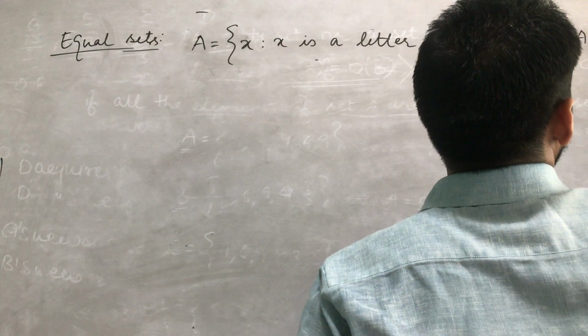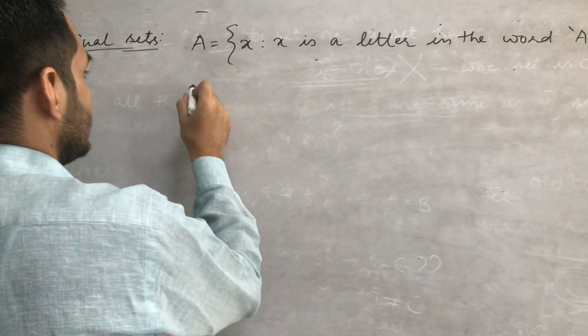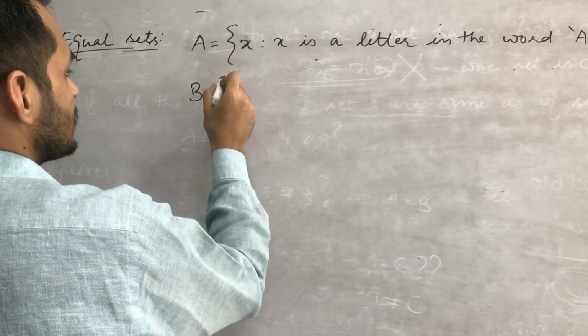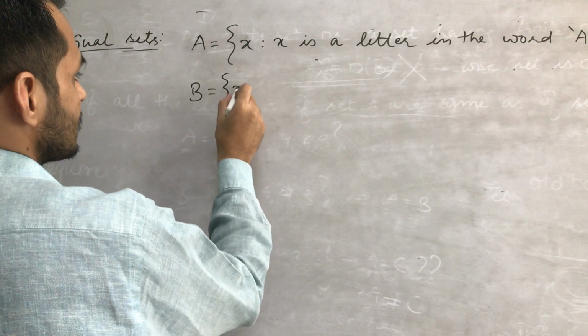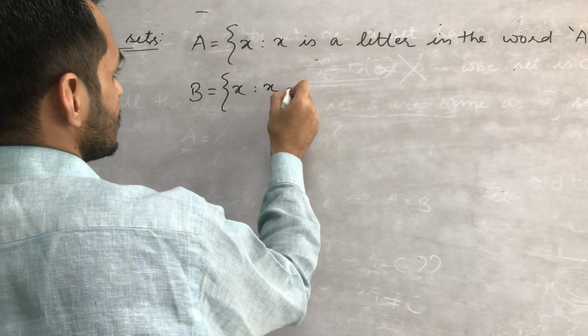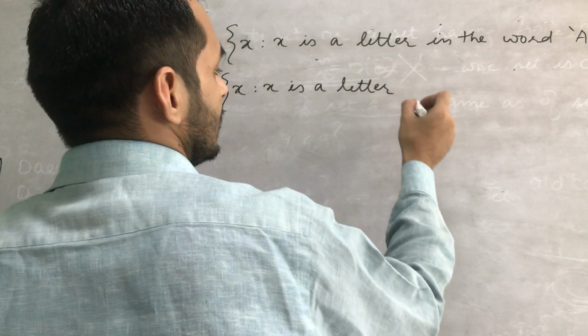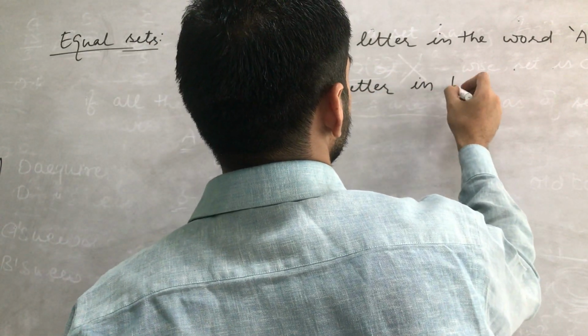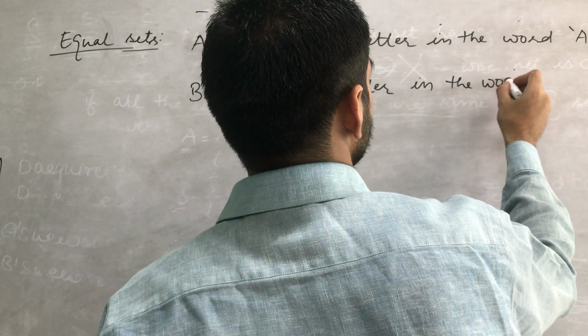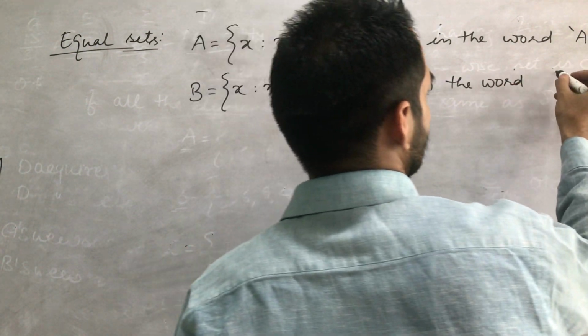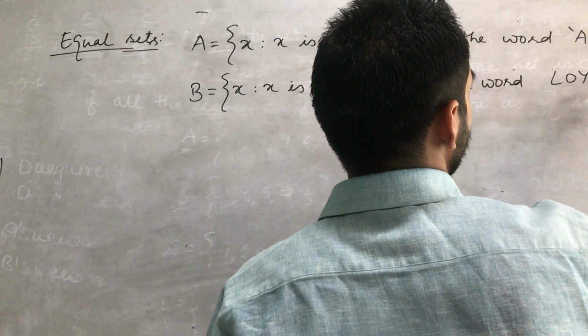Okay, alloy. And I say set B equals the set of all x such that x is a letter in the word loyal. Loyal.